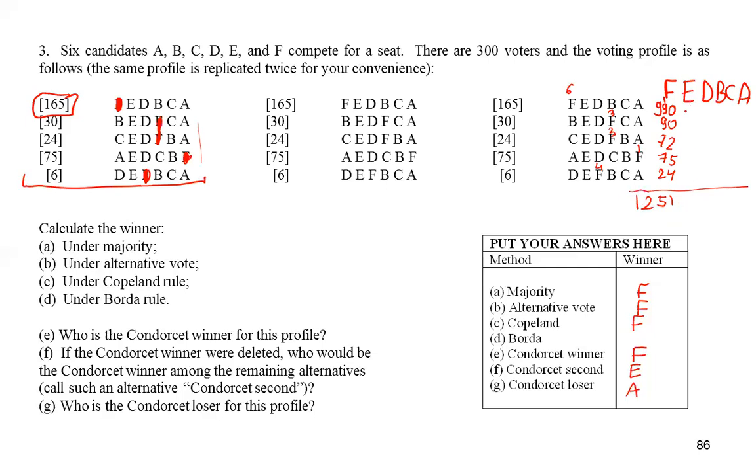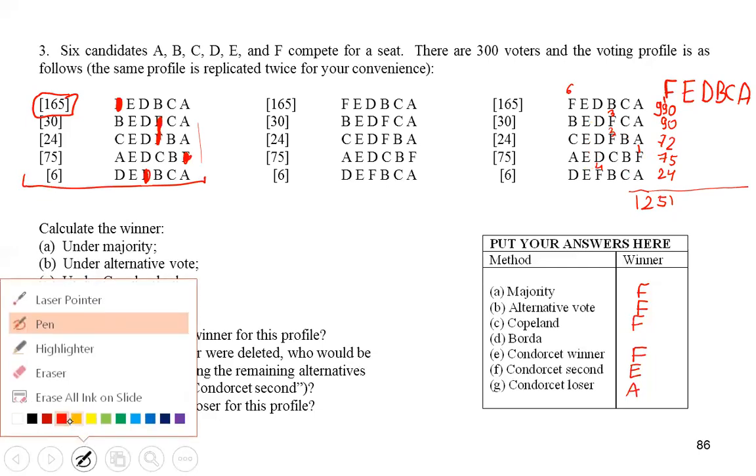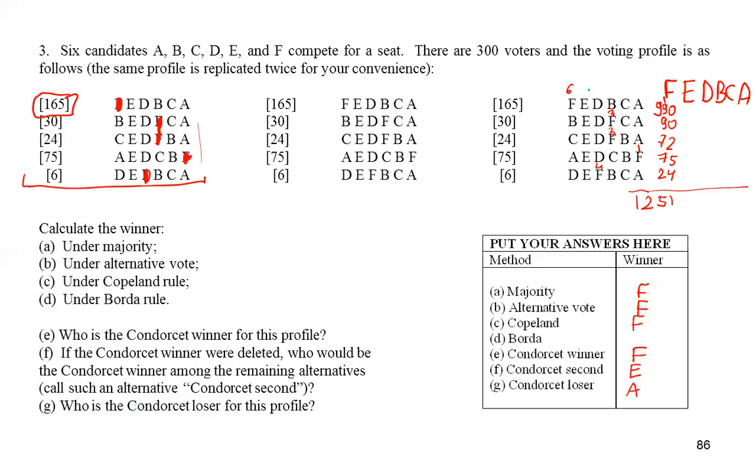What about E? E is also very high in everybody's rankings. Actually, E is always second in those rankings. So let's use a different color now. E gets 5 points from everybody. So instead of calculating those points separately, 5 points from everybody. There are 300 voters, so the total number of points that E gets is 5 times 300, which is 1500.